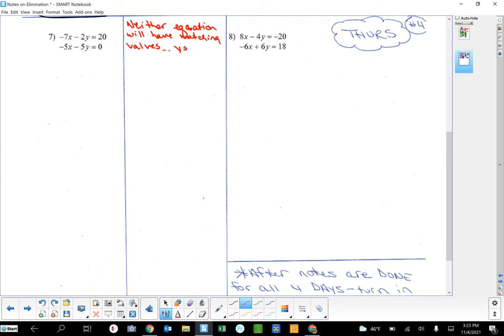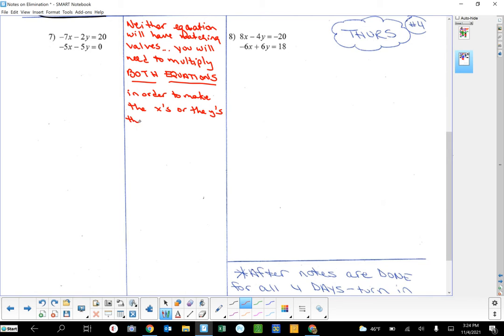So you will need to multiply both equations in order to make the x's or the y's the same number, but with opposite signs.